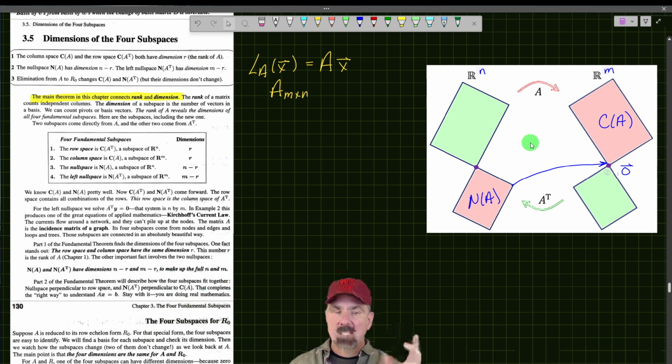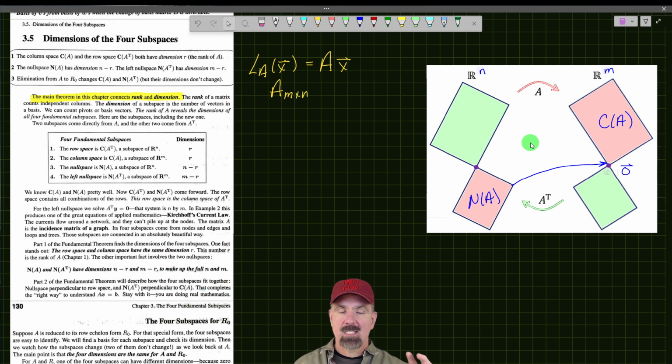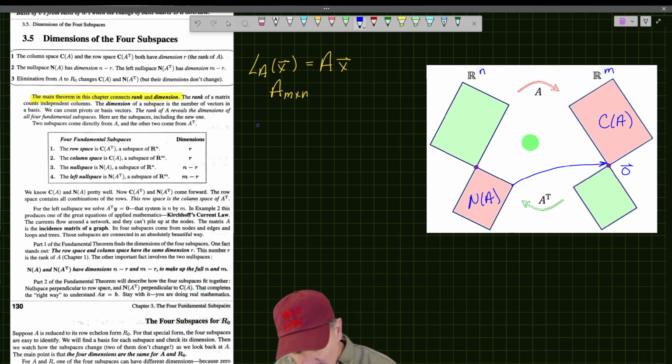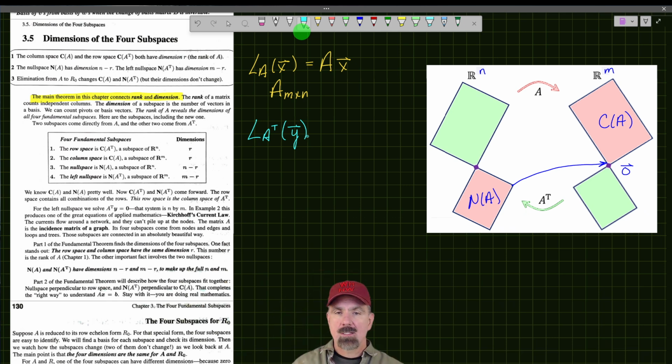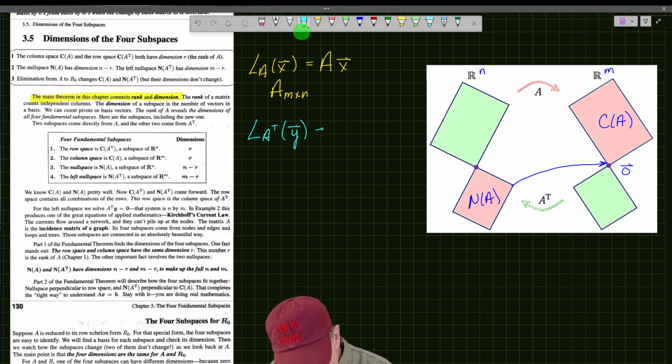That idea matches exactly with the transpose. When we take a matrix and think about its transpose, we are literally coming up with A transpose, which is going to map, and I'll refer to them as y's just to have it a little bit different, and we'll see why this is true in a minute. This is really A transpose times y.